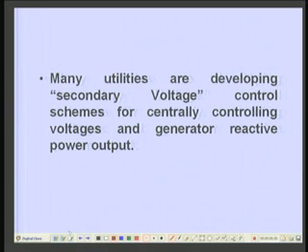Then many utilities are developing secondary control, or secondary voltage control schemes, for centrally controlling voltages and generator reactive power output. In the sense that instead of having decentralized voltage control, you can take the system as a whole, monitor the system, and control the voltages of the network from a central point of view.